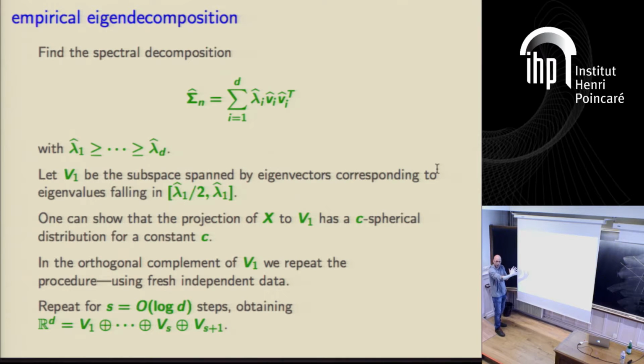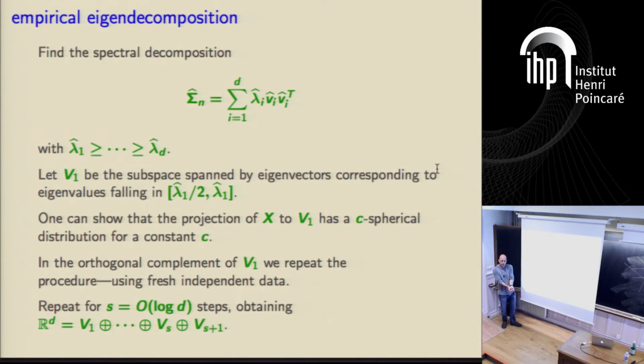Since we have independent new data, I can repeat the exact same procedure, and I will do this in order log d steps, until we get down to a value such that the largest eigenvalue is already of the order of trace divided by d.